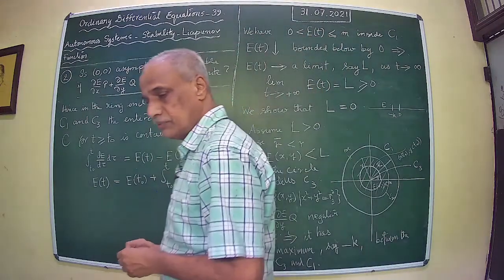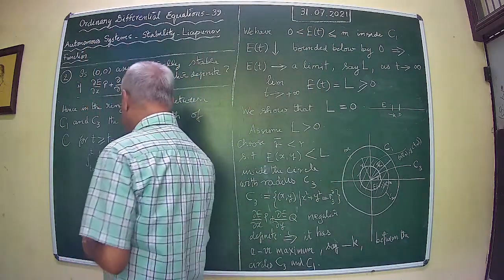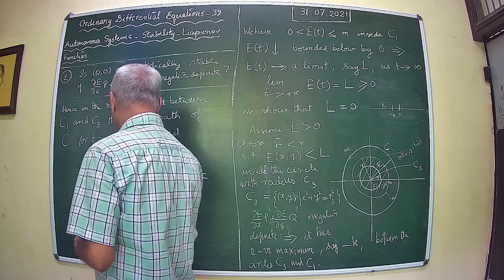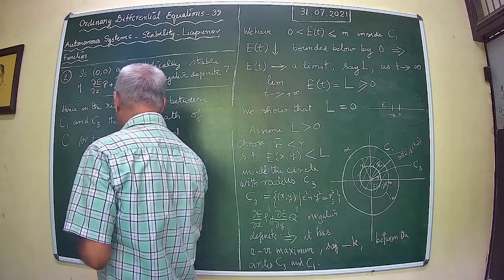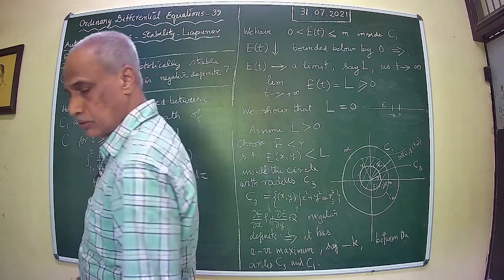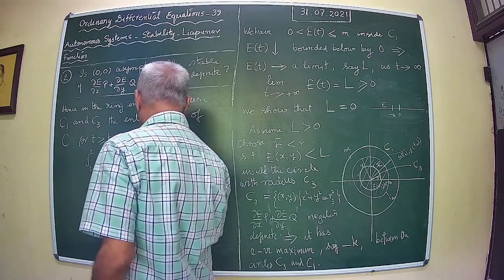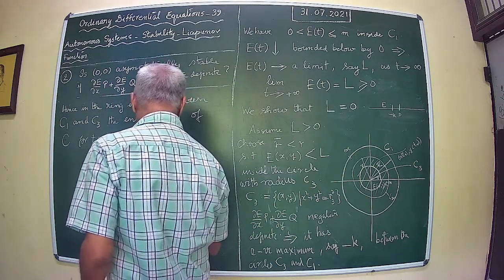Therefore you have the inequality E(t) is less than or equal to E(T0) minus k(t minus T0).